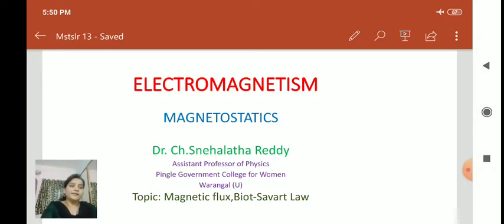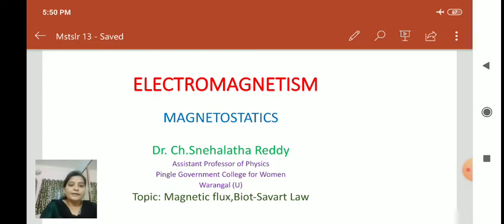And what is that F? That we shall discuss in detail in the topic of magnetic field due to moving charges.